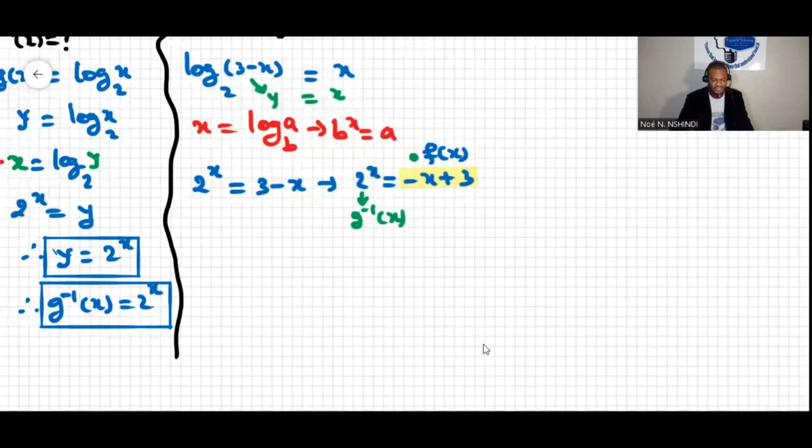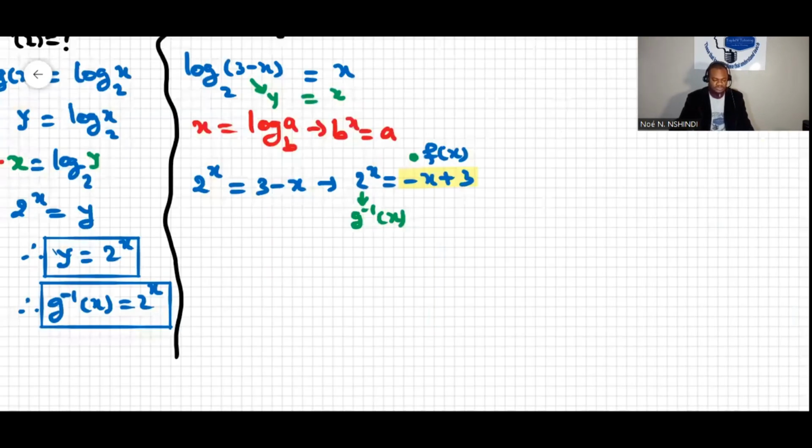We have here 2 to the power of x is equal to 3 minus x. Well, what can we do? Let me write it over here. We want the solution of this.